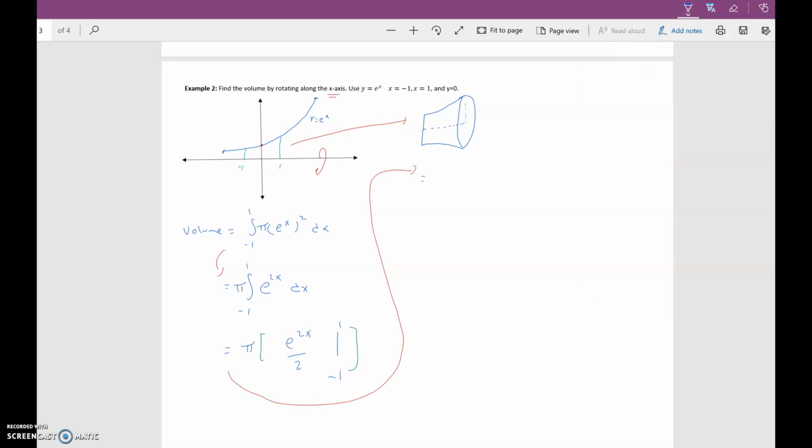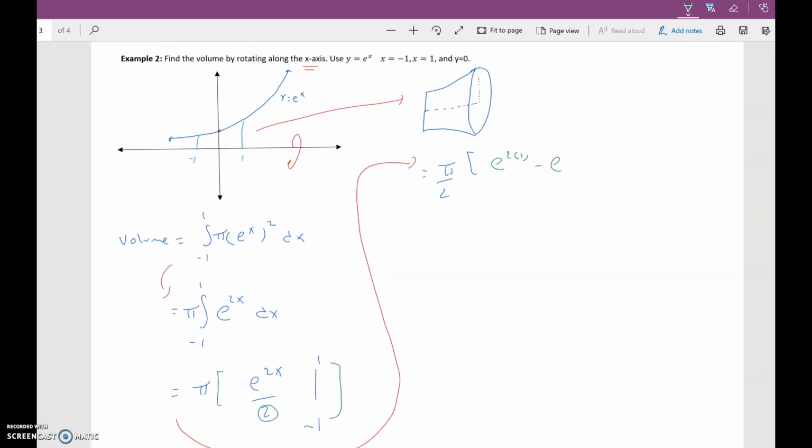So for this one, this is pi times, I'm just going to take out the 2 from the denominator. And then this is going to be e to the 2 times 1, minus e to the 2 times -1.